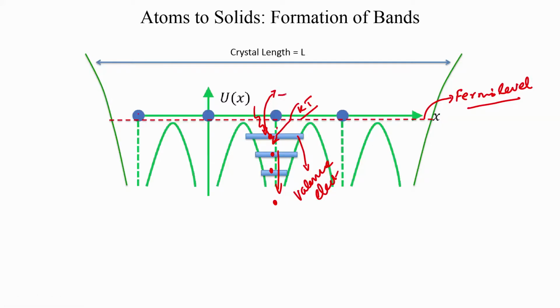And if these electrons occupy energy levels above this Fermi level, then one could say that the electron is now sitting in a different potential profile. The electron is now free to move about in the solid, and it sits inside a potential profile that looks like this.